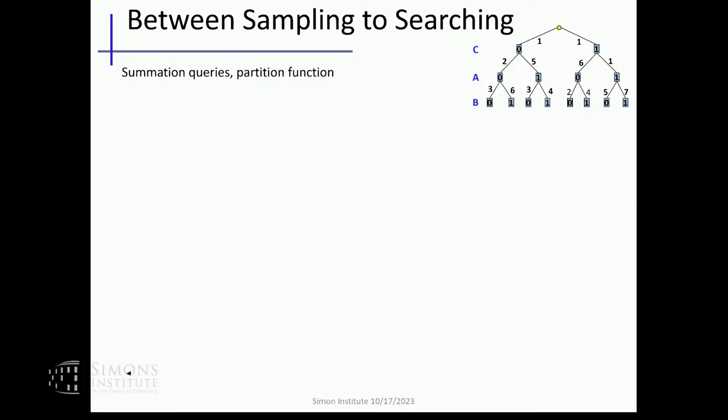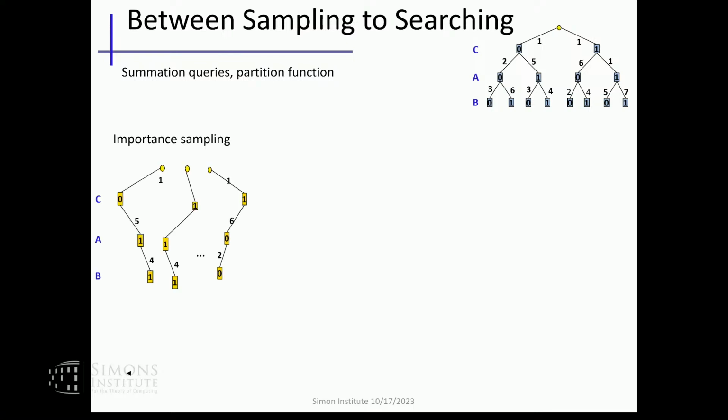So overall, the idea is that if this is a search tree, it's common to do importance sampling to estimate the partition function. Importance sampling generates just configurations, and we take the average as an estimate.